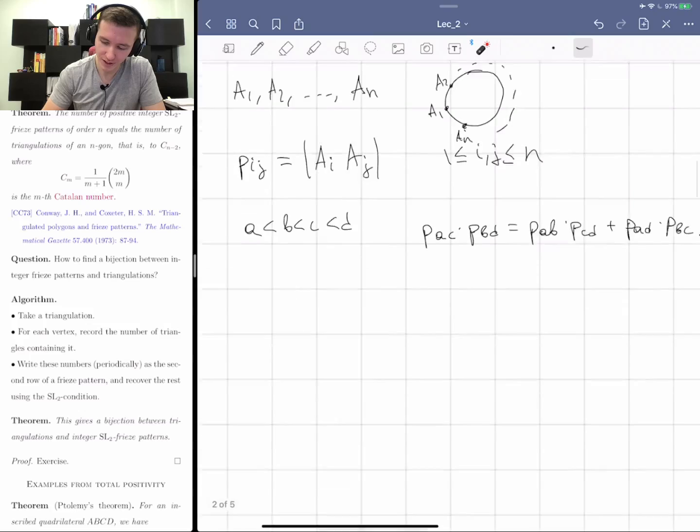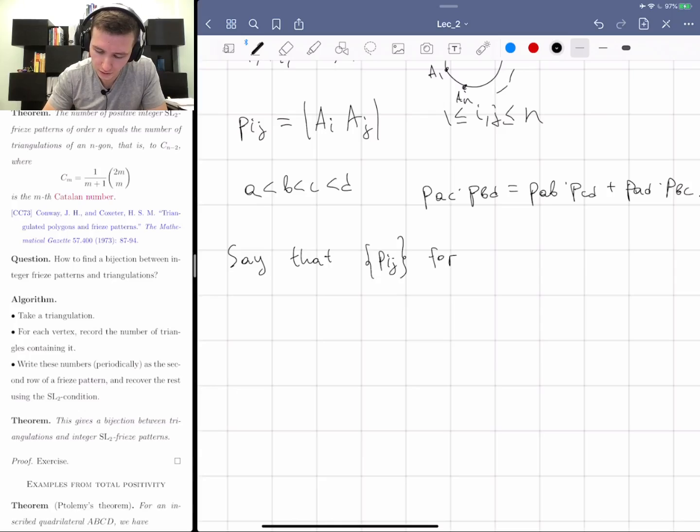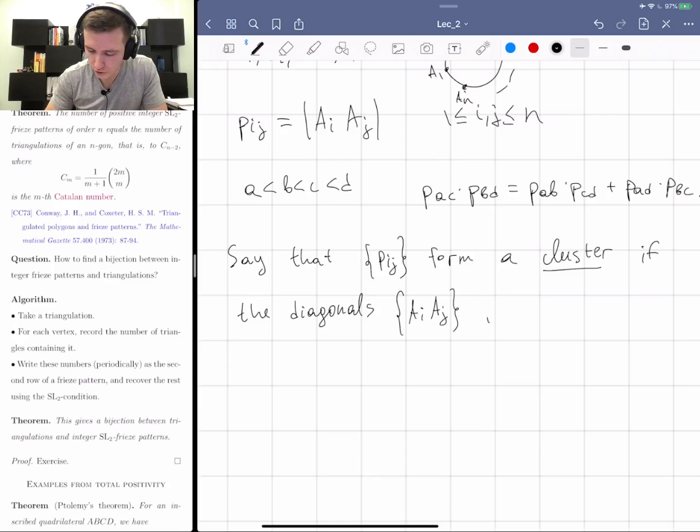Let me tell you one possible solution: I'm going to say that a collection of Pij's, a collection of diagonals, forms a cluster if the corresponding diagonals, Ai Aj, form a triangulation of my n-gon.